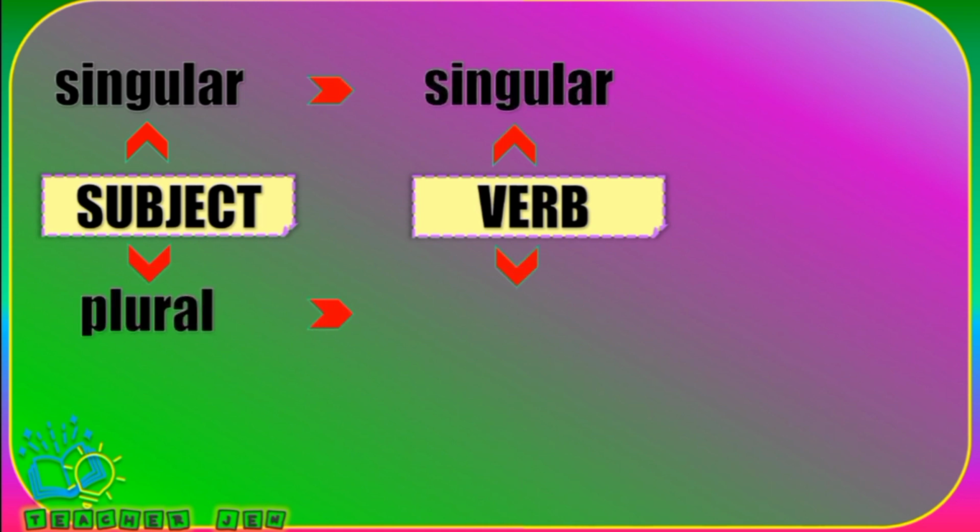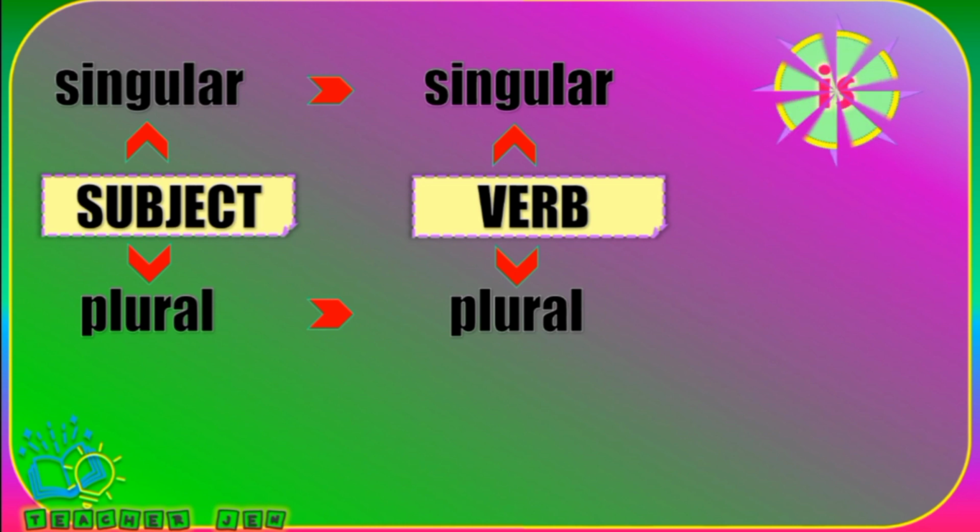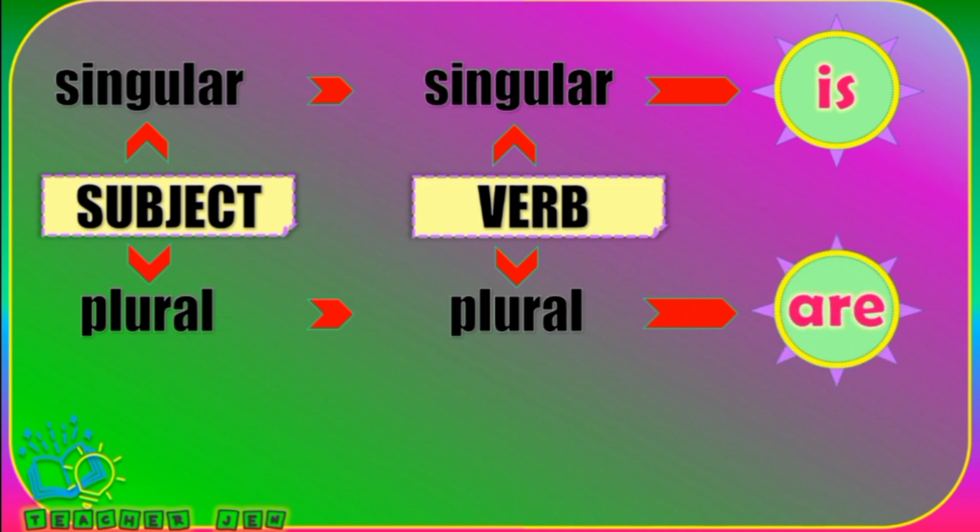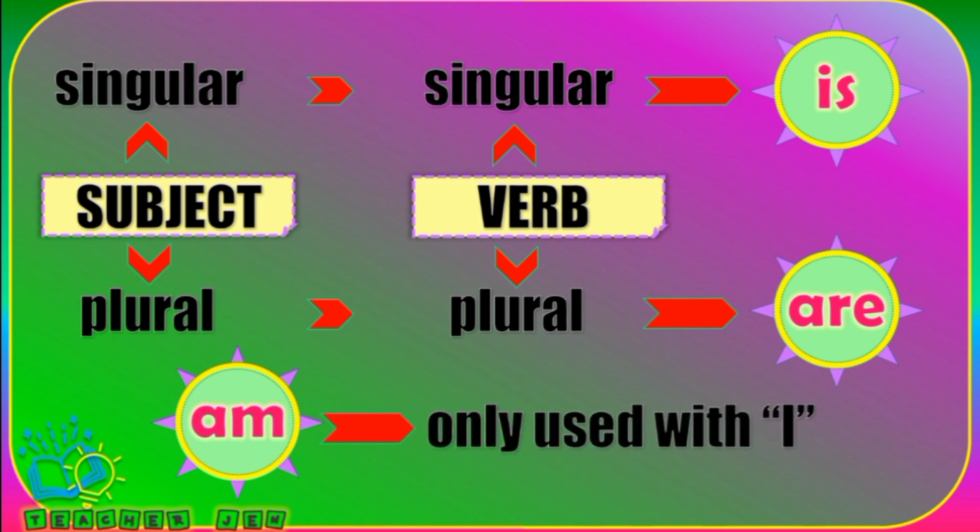If the subject is plural, then we must use the plural verb. So among the three, is, are, and am, which one is singular and which one is plural? Is is singular, so it is used for singular subject, while are is plural, so it is used for plural subject. The verb am is used only for the first person pronoun I.